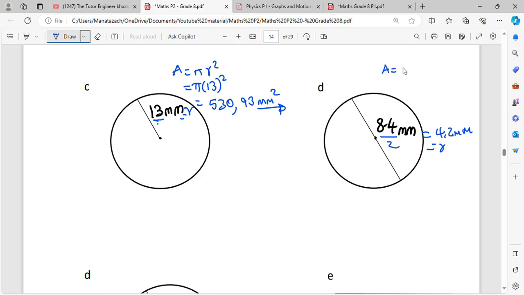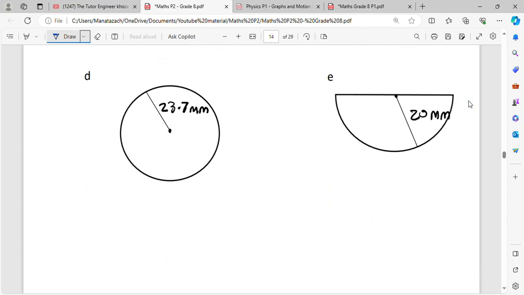Area is equal to pi r squared, so pi times 4.2 squared is equal to 55.42 squared millimeters.